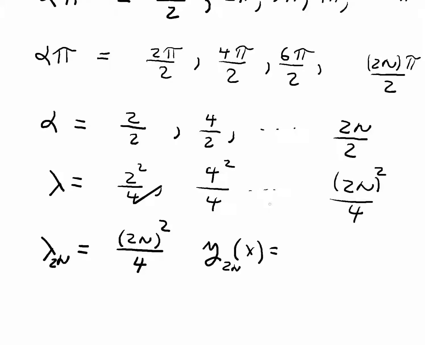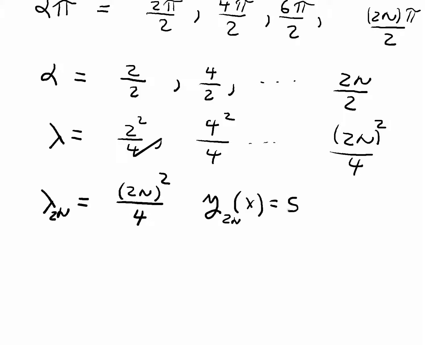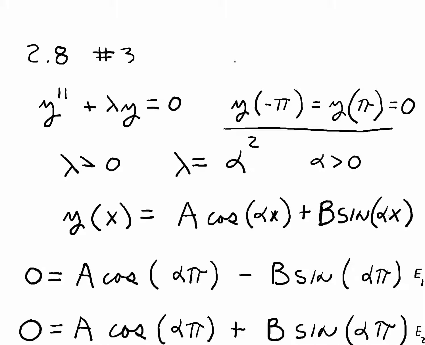So we get the sine of 2n over 4 x. Okay, so there we found our eigenvalues and our eigenfunctions for this differential equation right here under the assumptions of our endpoint conditions.